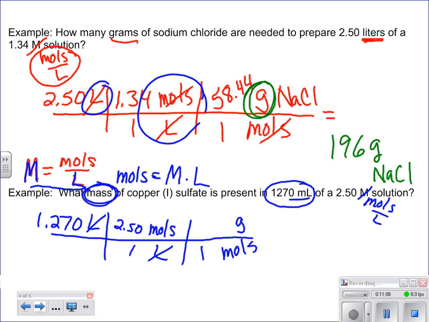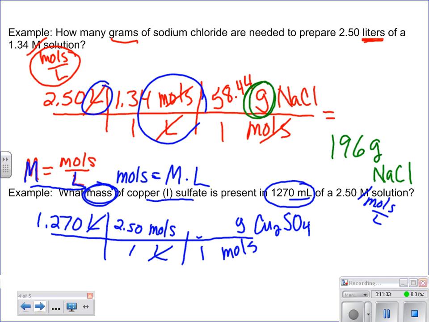Okay, so 1 mole of copper 1 sulfate. How would I write that? Cu, and sulfate's -2, SO4. Okay, Cu2SO4. I don't know why I wrote it there. Okay, let me rewrite. Okay, grams of copper 1 sulfate.